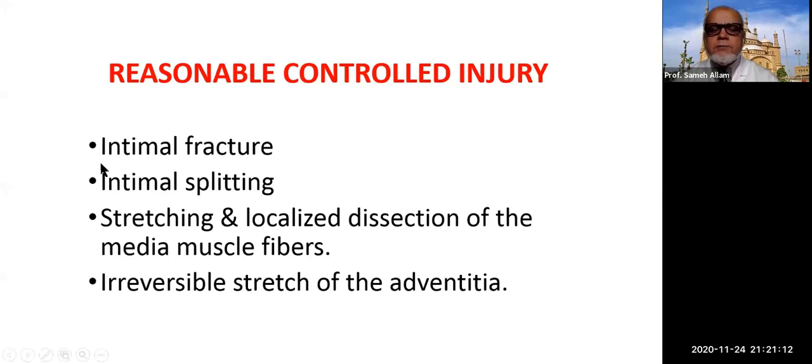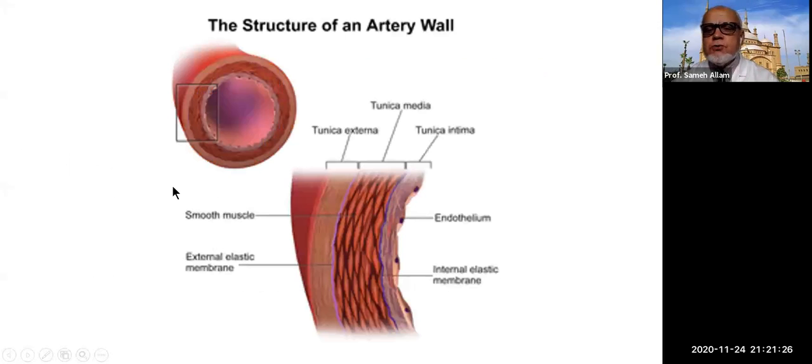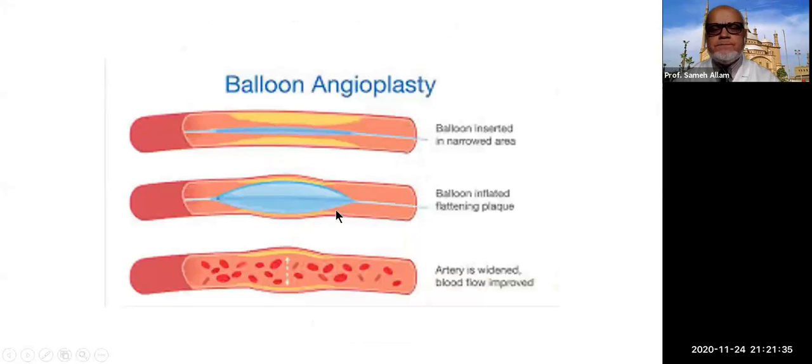The reasonable injury we are inducing during our daily PTCA work is intimal fracture, intimal splitting, stretching, and localized dissection of the medial muscle fibers, and irreversible stretch of the adventitia. So the three layers of the blood vessel wall, intima, media, and adventitia, are injured during PTCA.